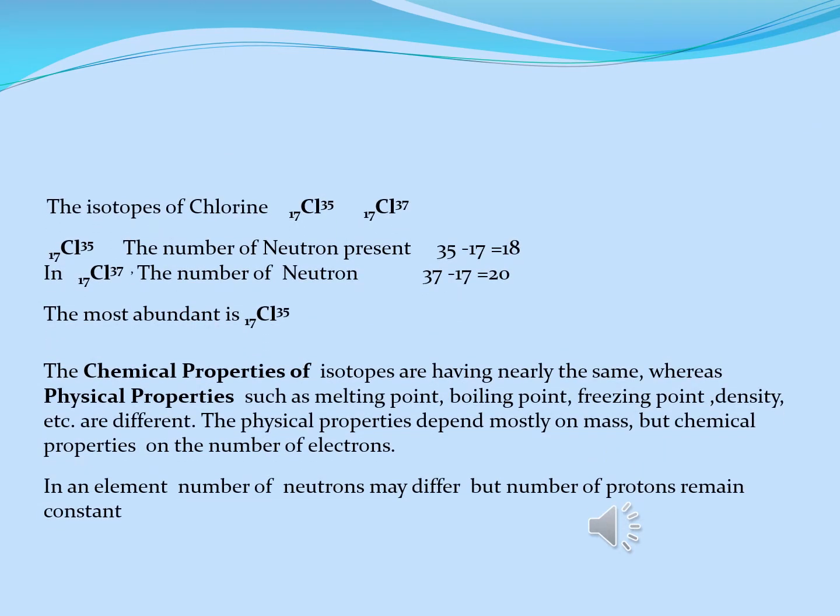The most abundant isotope is stable. Knowing the atomic number and mass number, the number of neutrons can easily be calculated. Chemical properties are the same for all isotopes of an element, but physical properties vary because of varied mass number.